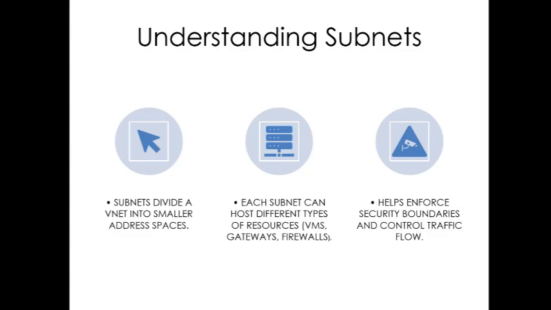Before you enter a room, you have to get your access, maybe a key. That key represents the security boundaries that a subnet gives. So when you divide your network into subnets, you can set your network security group and your application security group. You attach a rule to a subnet to allow or block traffic to that particular subnet.